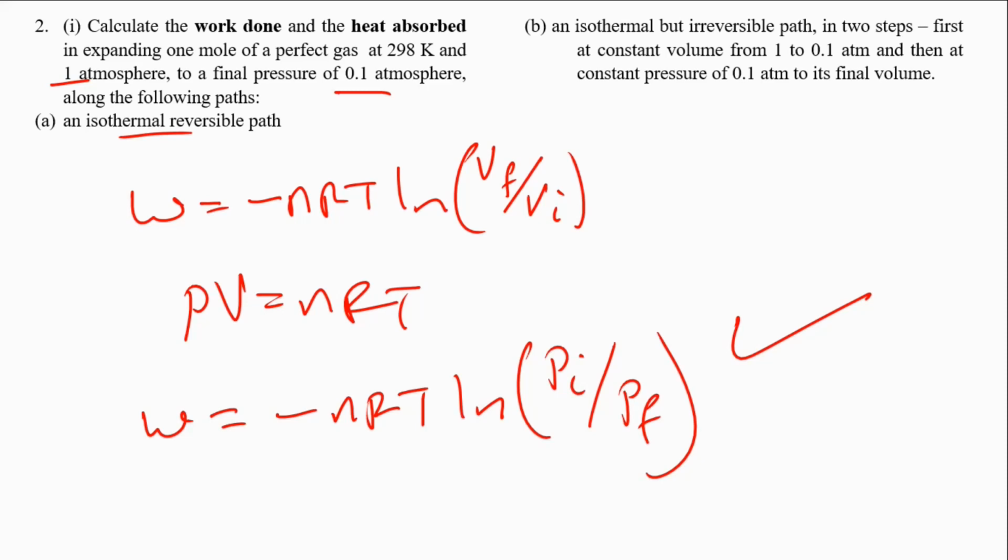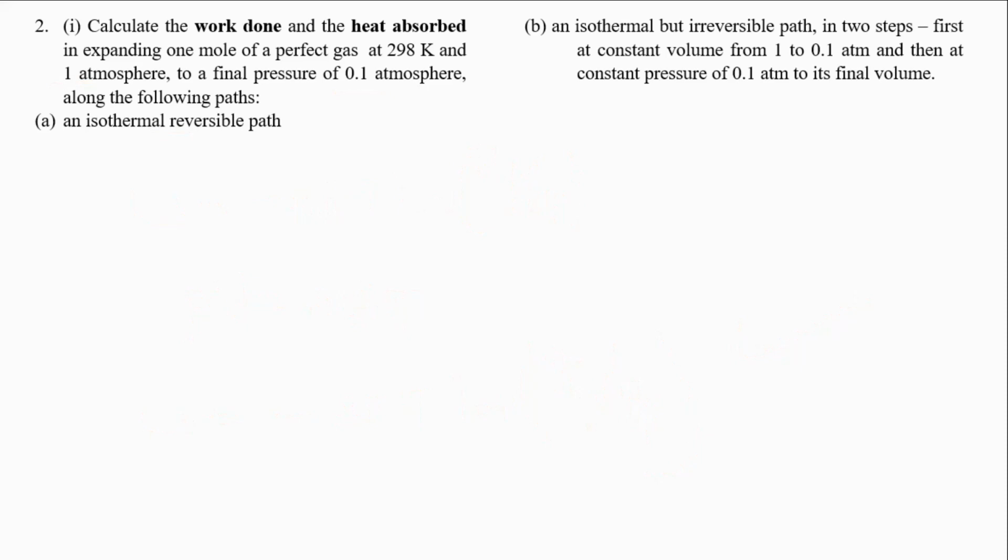Just work with the pressure values. This is the one that would give us, no pun intended, less work. So, let's put back our formula. Work is equal to minus nRT ln P initial over P final.